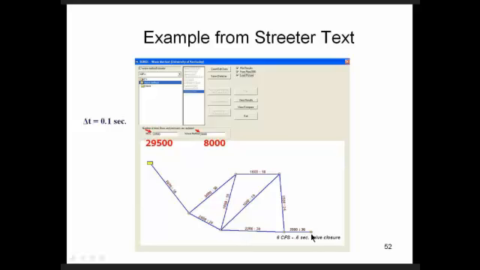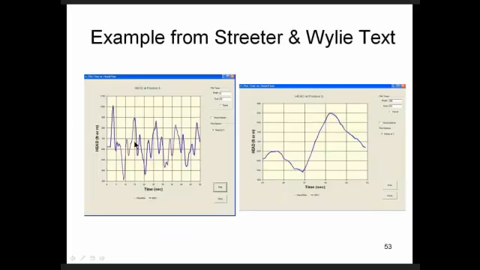In this problem, they closed a valve here in 0.6 of a second, and they looked at the pressure at this location. We did a solution using the software based on the method of characteristics and based on the wave method. And here are the two solutions. The first thing you might note is there are pretty odd wave shapes. But the second thing you would really note is that there's essentially no difference in the two solutions.